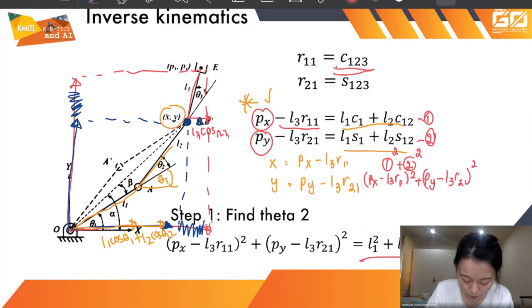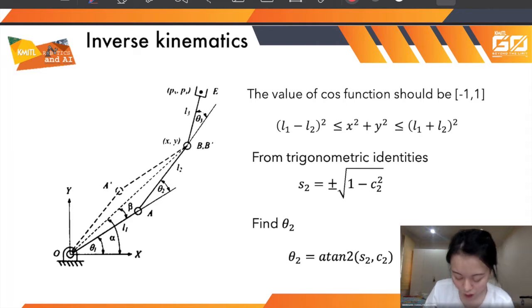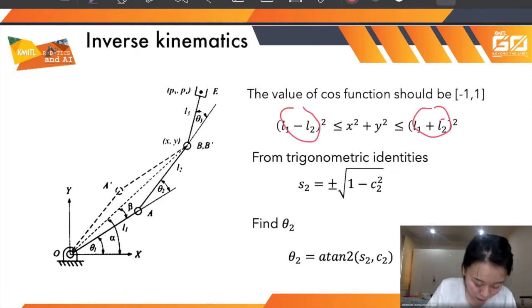After we find theta 2, we will put the values that we know into the equation and get C2. The value of the cos function should be in the range of L1 minus L2 and L1 plus L2, because for the maximum length of the robot, link 1 can be straight and full, and the longest is L1, and link 2 can go straight, and the maximum length is L2.